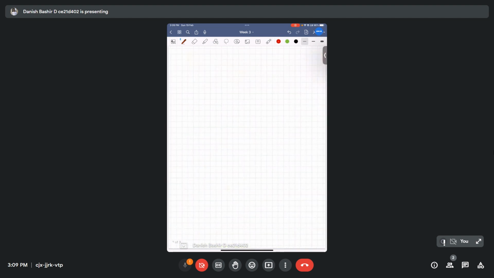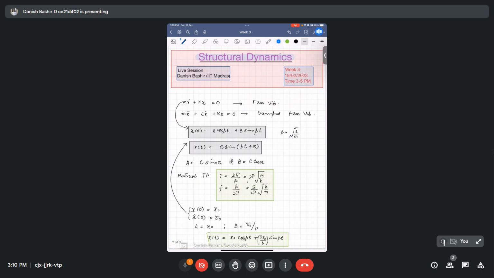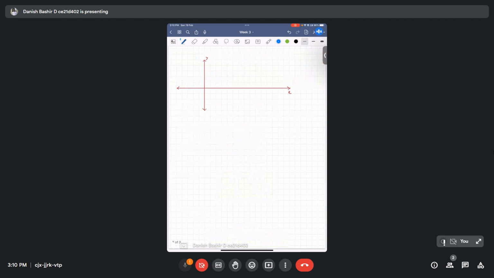For example, we have this x axis and this y axis. If we try to sketch the graph like this, since it's a sinusoidal variation, we can say sin(pt plus alpha).